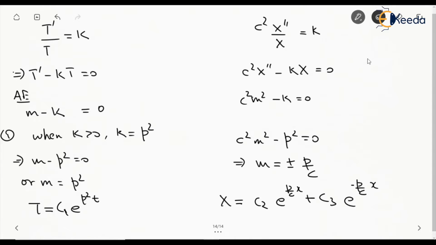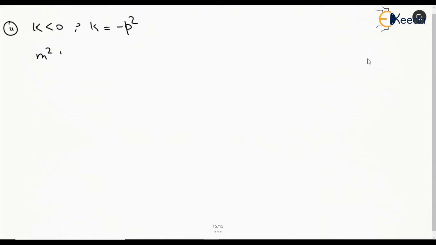Now what if k is negative? Let's take k = -p². Then the first one becomes m + p² = 0, which gives m = -p². So again this is a constant, and there will be one single root, so T is going to be c1 e^(-p²t).